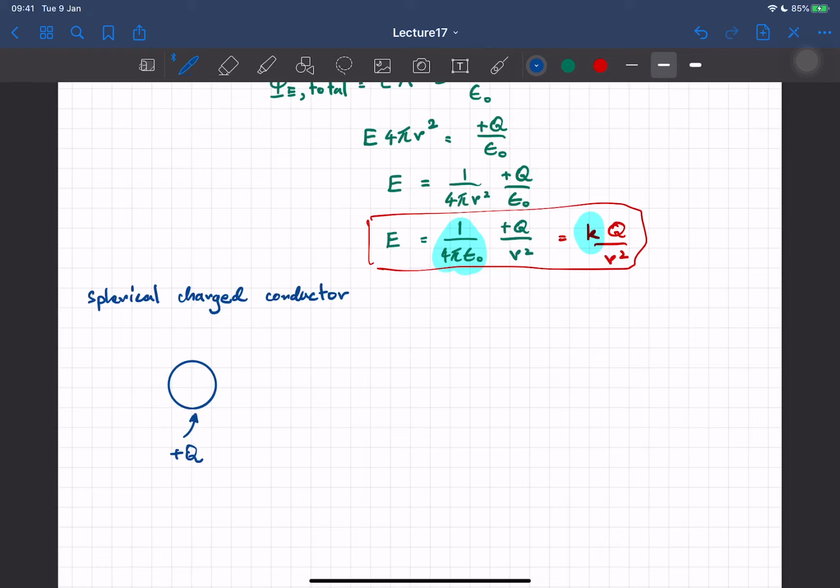Right. So at this point, you should know right away that it's a charged conductor. So that means the charge plus Q that you put in must be evenly distributed along the surface of this conductor. Remember that any charge that you put into a conductor will be at the surface, always the case.